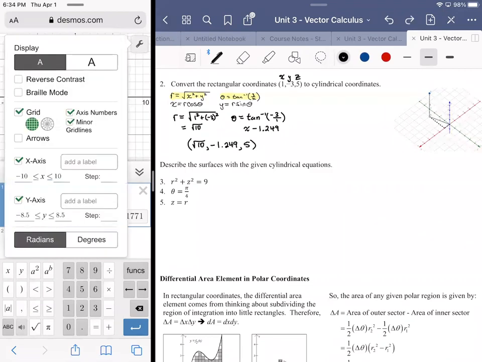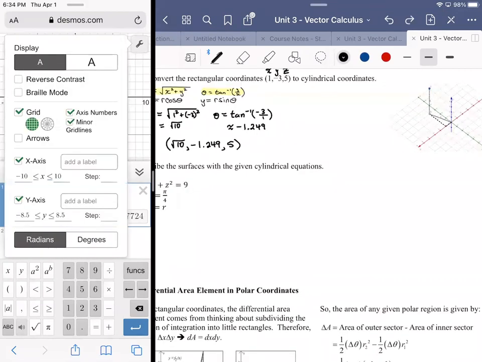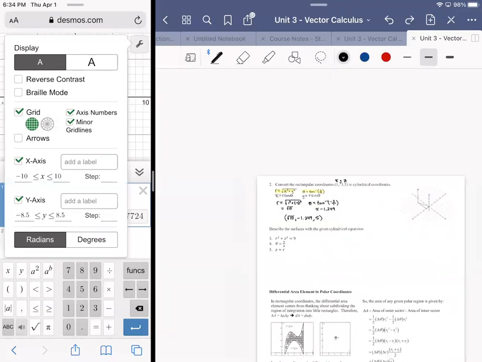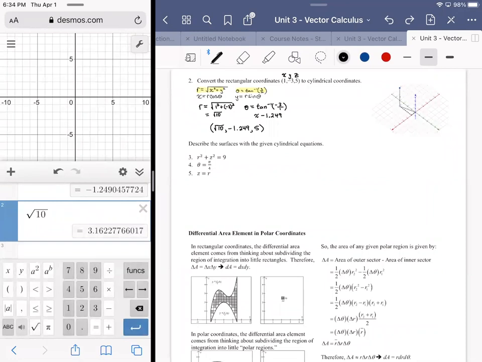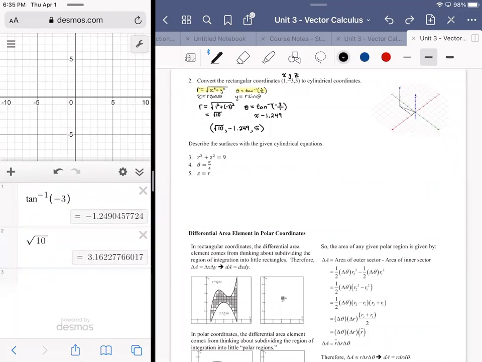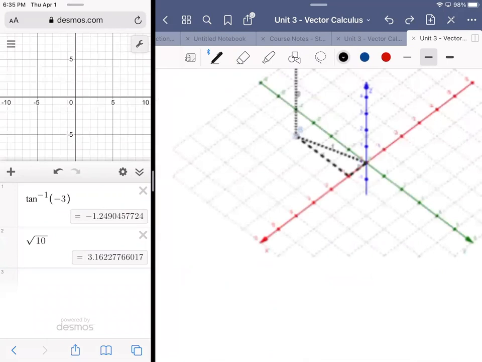So we can hold that thought. If I'm going radical 10 in the direction of negative 72 degrees, it's basically saying I'm going the length or the radius of a circle that has a radius of about 3.1. So I can kind of eyeball that.